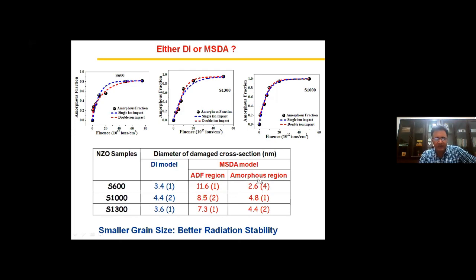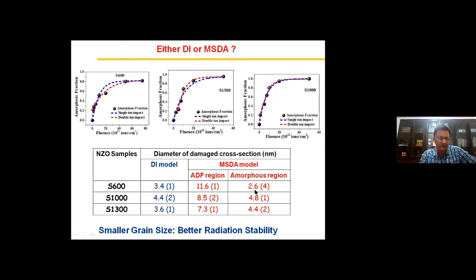There the value we have calculated is 2.6 for S600 and 4.8 and 4.4 for the other two. So it is clearly showing that the damage zone created by a heavy ion in this nanomaterial is smaller in comparison to the others.